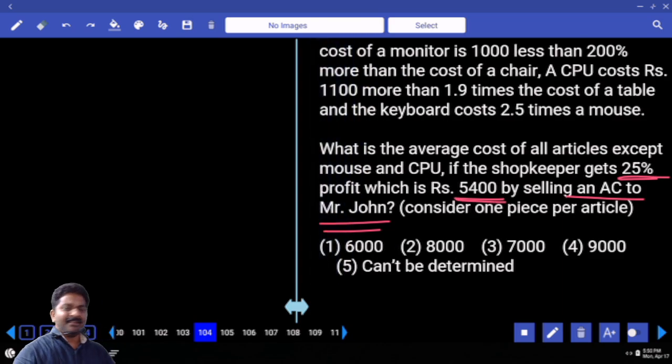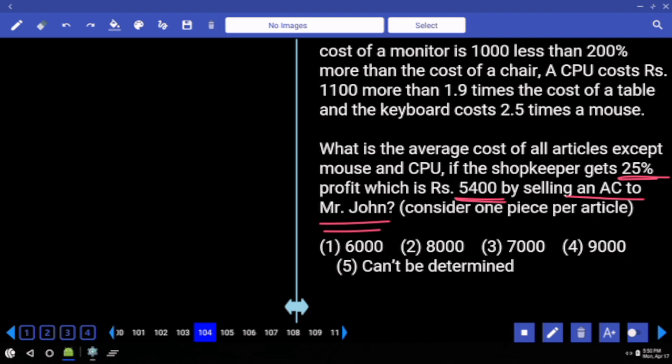See, is this question related to John or the shopkeeper? The 5,400 is there, is that related to the shopkeeper or John? The shopkeeper is selling the article, right? So he is making 5,400 profit and thereby he is getting 25% profit, correct?